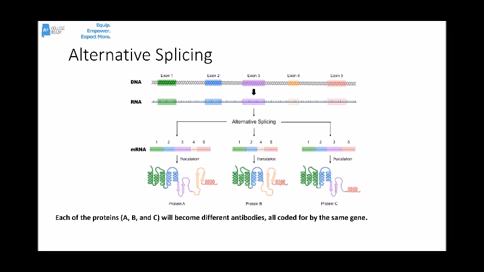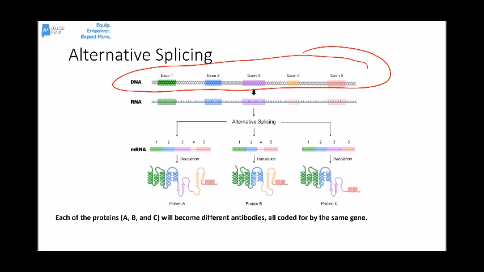So here we have a gene for an antibody. Remember that the coding parts of the gene are called exons, and that in between those coding parts are these segments that we used to think of as junk DNA called introns. But what we found is that these introns are important in regulating the genes and allowing one gene to actually act like multiple genes. So the DNA gets transcribed into RNA.